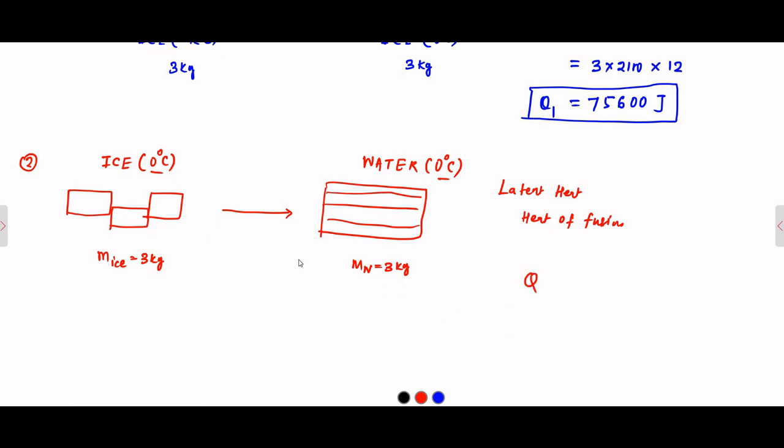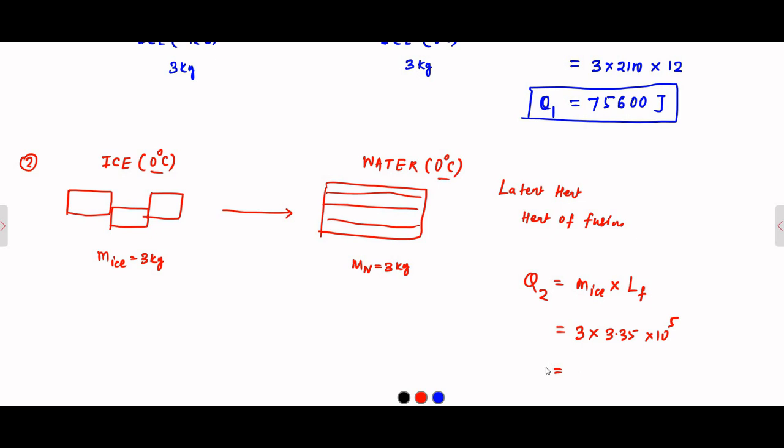So this is the second step. The heat required to convert 3 kg of ice at 0 degree Celsius to 3 kg of water at 0 degree Celsius at constant temperature, involving latent heat of fusion, is equal to the mass of ice into latent heat of fusion. So it is 3 kg of ice into latent heat of fusion, 3.35 into 10 to the power 5 joule per kg.